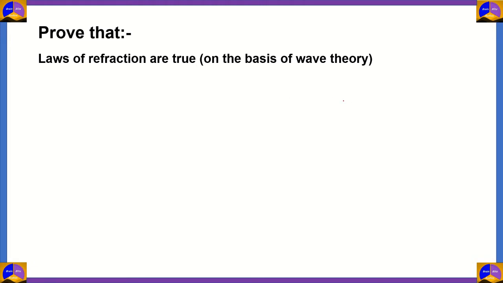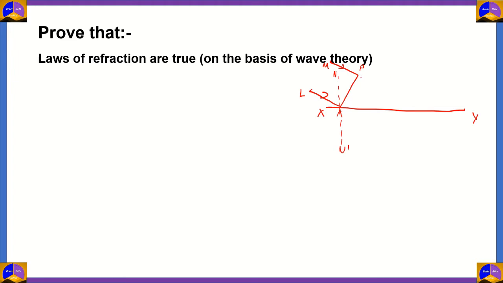So in order for this to happen, let's draw a plane, say XY, and in this plane, let's say that a wavefront PA is incident. PA is made of incident waves, which are M and L, and the normal in this case is N and N dash.